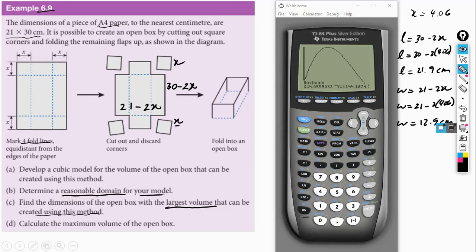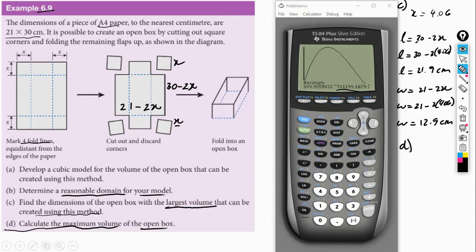Okay, so now for part D, it says calculate the maximum volume of the open box. We already have the answer to that because the maximum volume is this y coordinate. So notice that this was part C. So this is part D now.